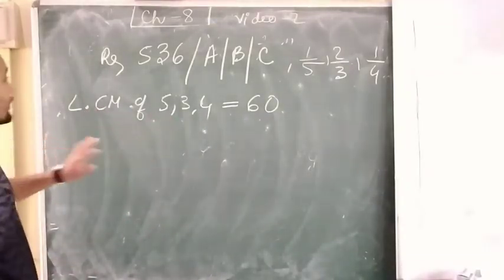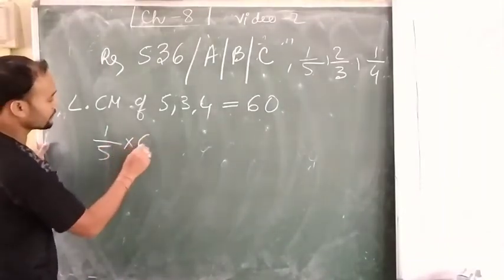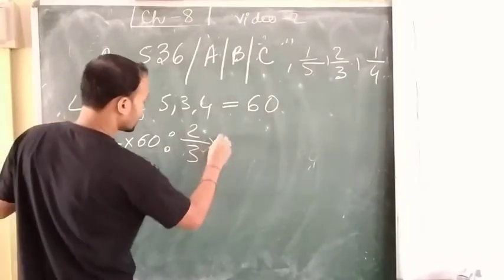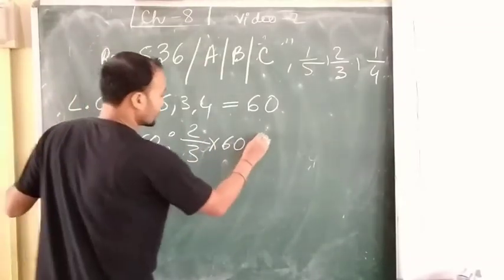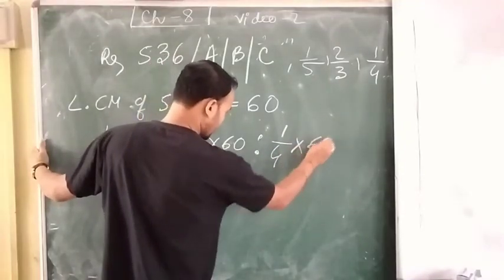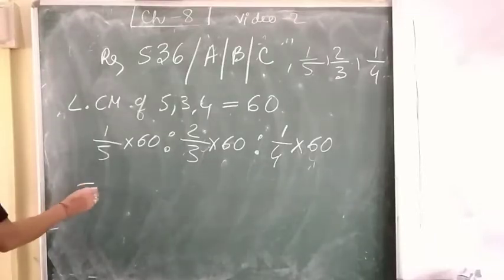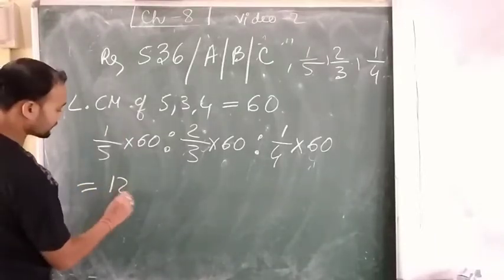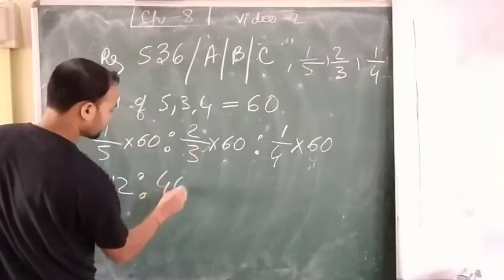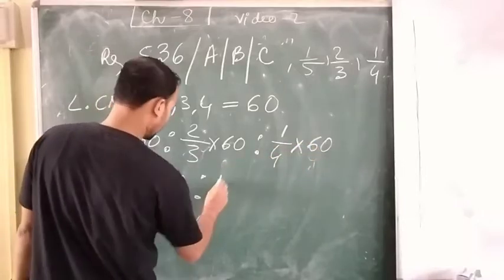Now see, 1 by 5 into 60, 2 by 3 into 60, 1 by 4 into 60. So it will be 12, 40, 15.